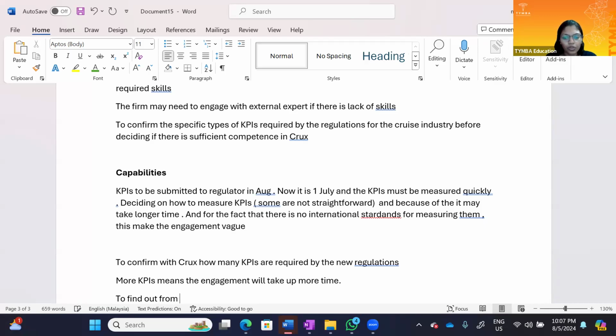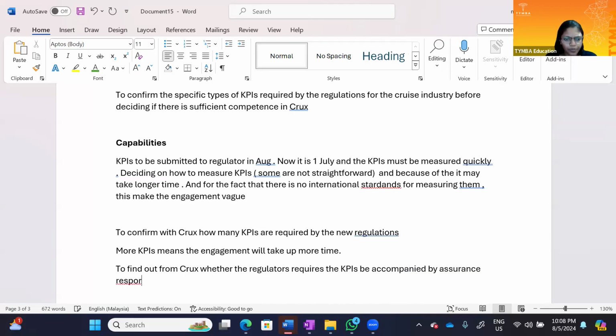We'll find out from Crooks whether the regulators require the KPIs to be accompanied by an assurance report, and if so, who will provide the assurance?